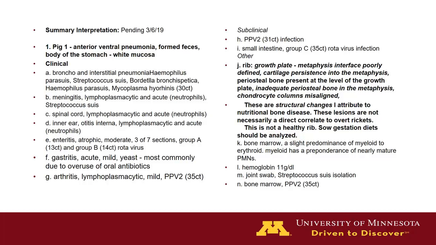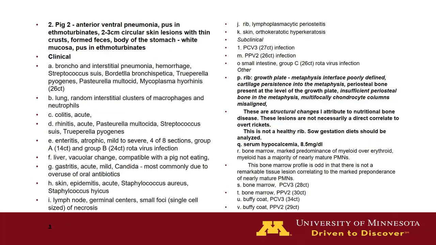And one thing we noted in these pigs, in the bone marrow, there were changes in the myeloid and erythroid series precursors as far as what's showing up in the pigs. They have some evidence of anemia. And in this particular bone marrow, we had parvovirus 2 at a 35 CT.